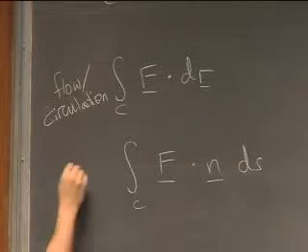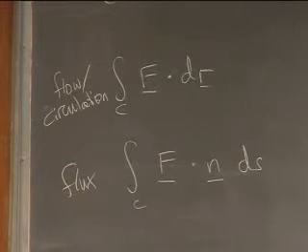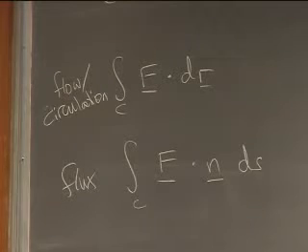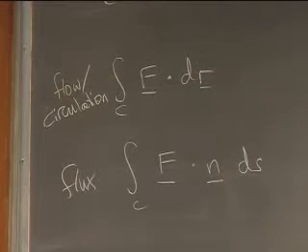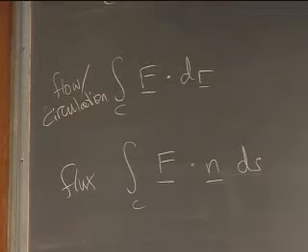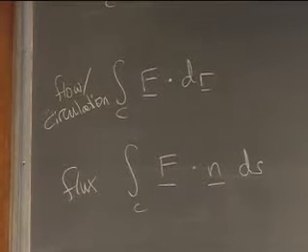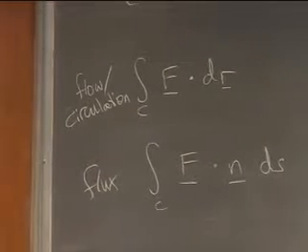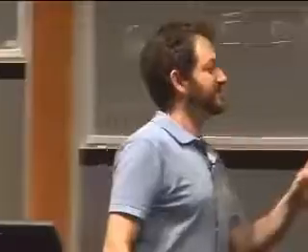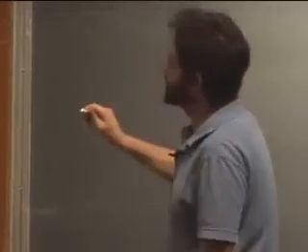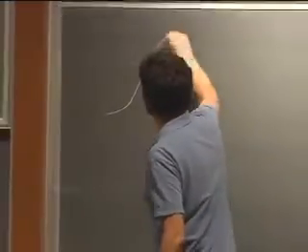And this one is a flux integral. Now, I'll show you how to compute it. But before I do that, it's important to know what these things mean. You can probably do all the questions without actually knowing what they mean, but you still might be in a little bit of trouble if you don't appreciate what n is and what r is. So let me set this up as follows.